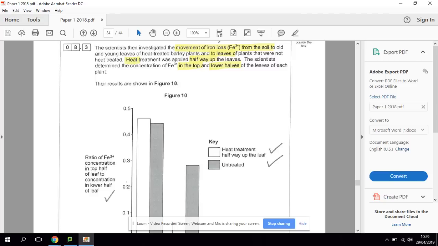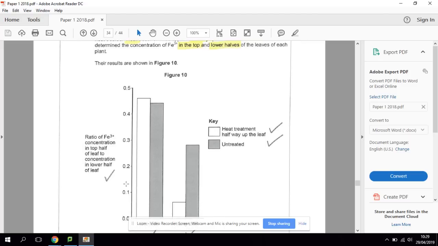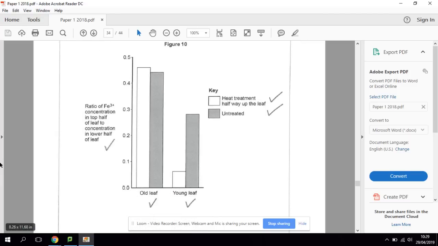And the scientists determined the concentration of ions in the top and lower halves of the leaves. So this is what we've got. We've got old and young leaves, we've got the ratio of the concentration, we've got heated and unheated plants. Okay, so from them we can see that, for example, in the young leaves, the heat treatment halfway through the leaf had results that were really low for the concentration in the top half of the leaf.